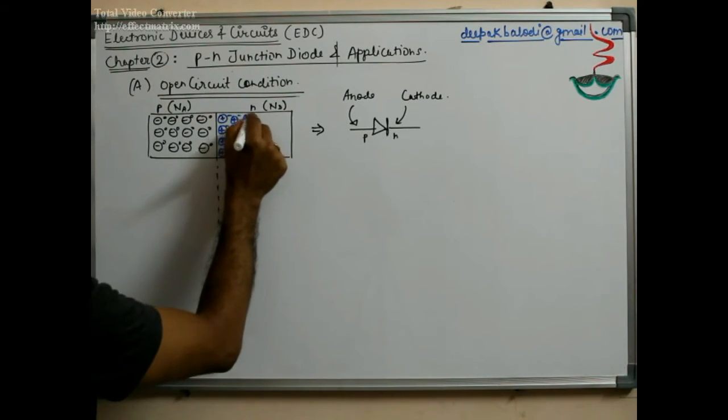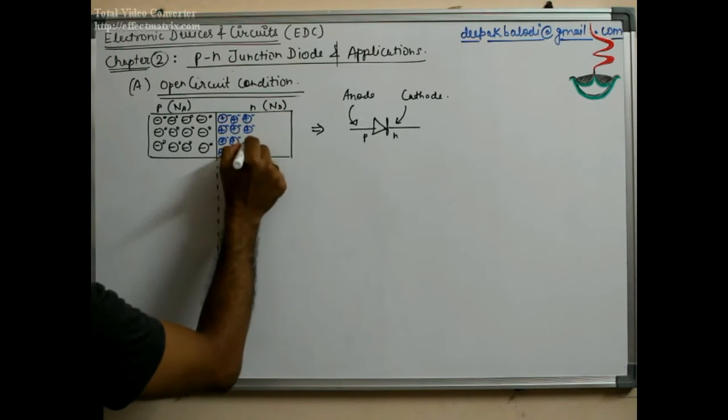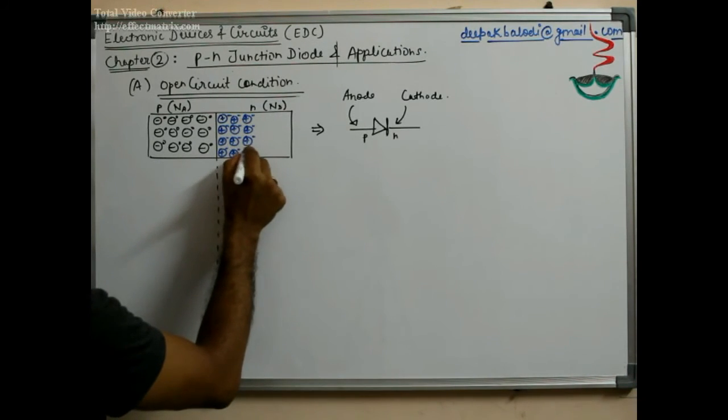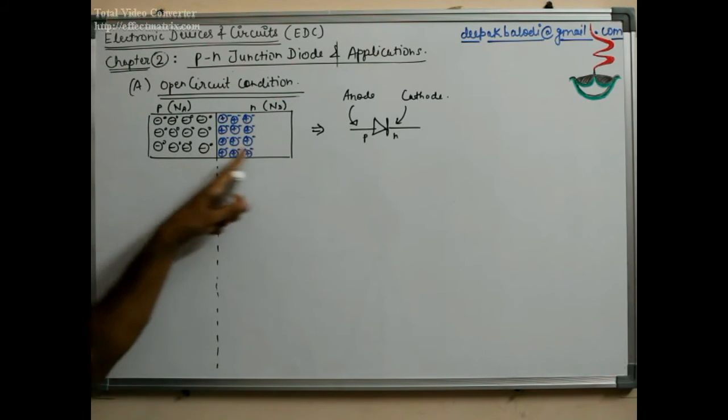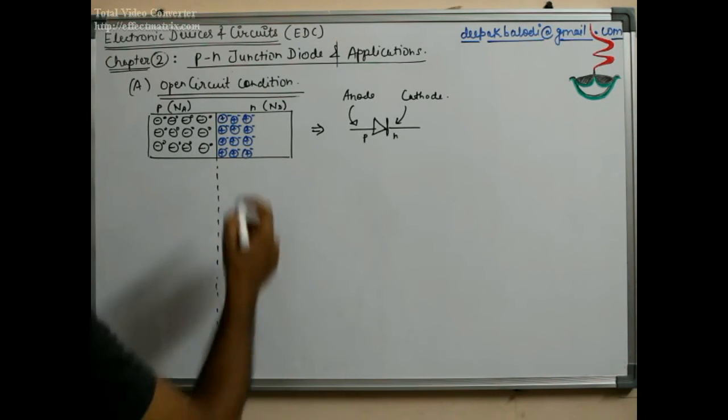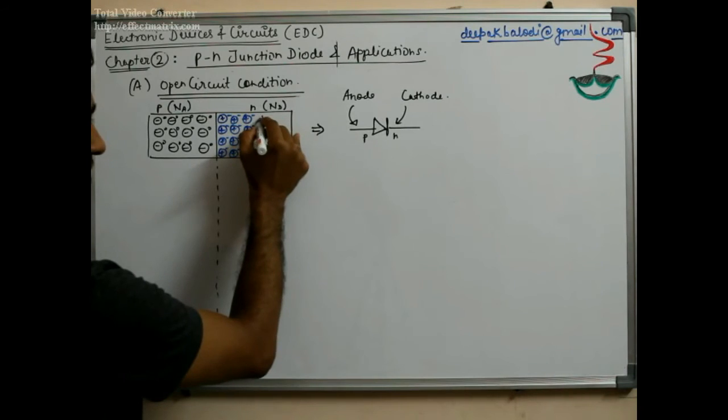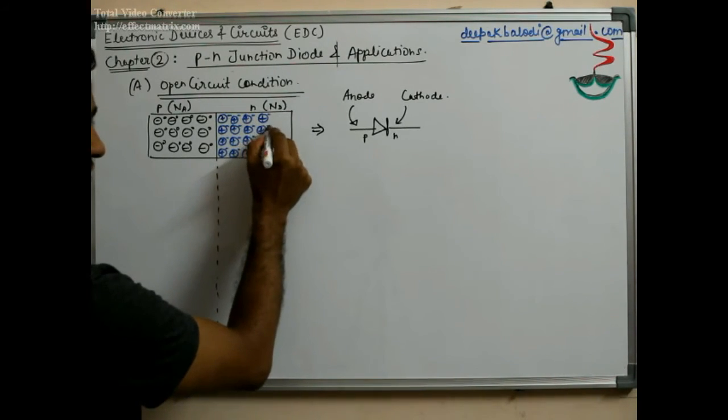Purposely I am making a higher doping concentration on the Nd side. As I have said, you can take the vice versa case, where Na is greater than Nd. With this we will come up with more generic solutions.